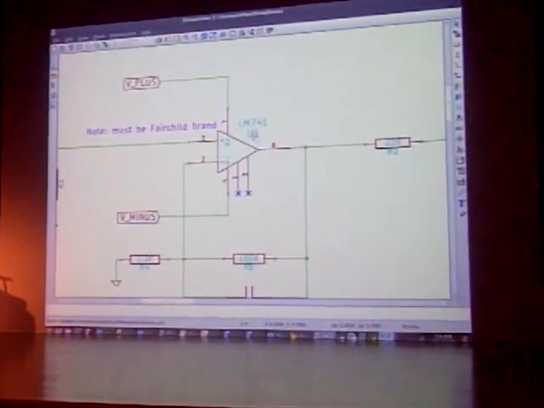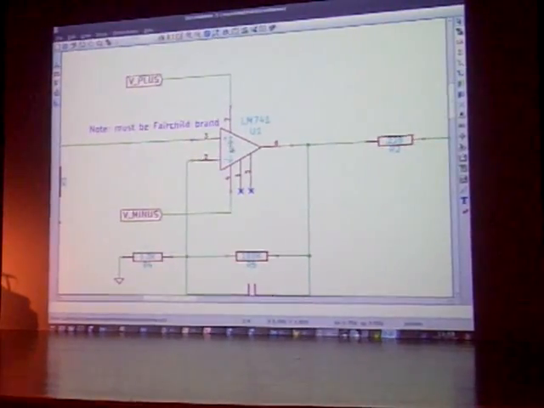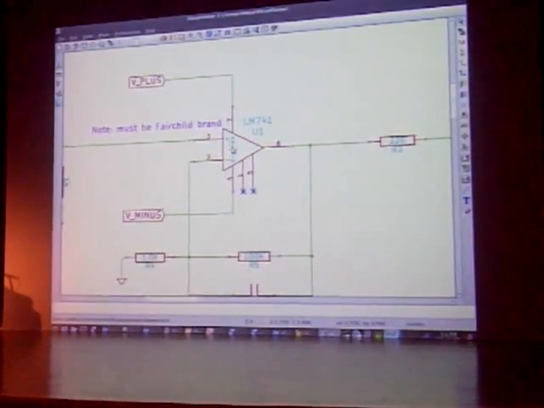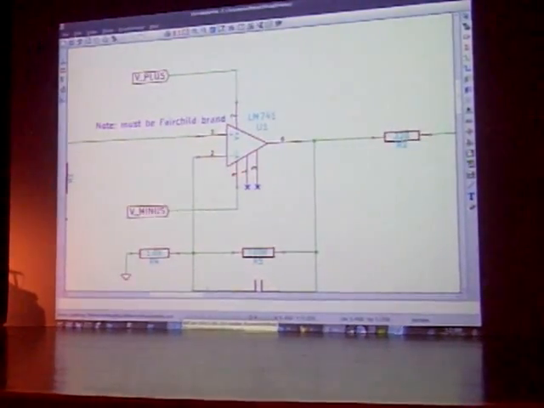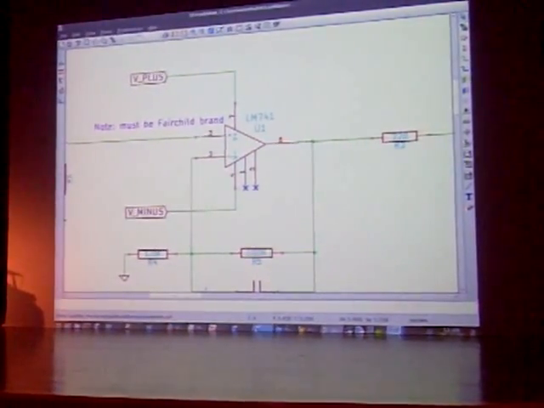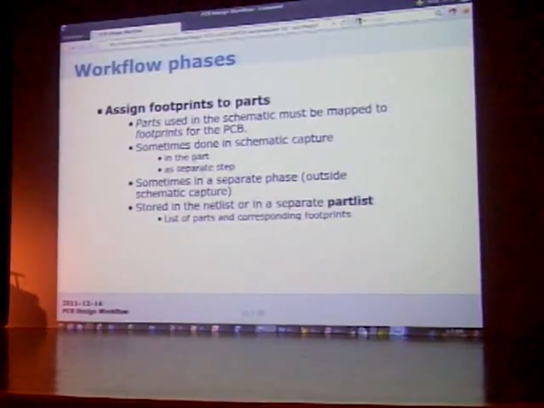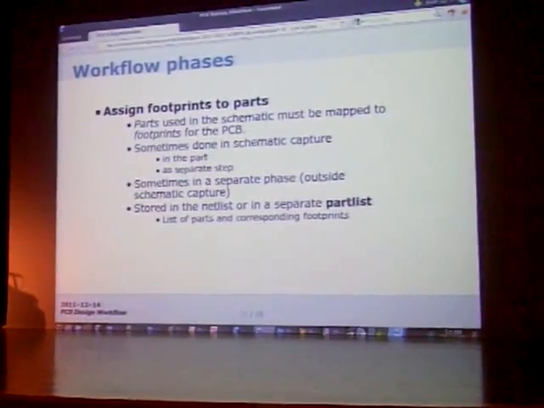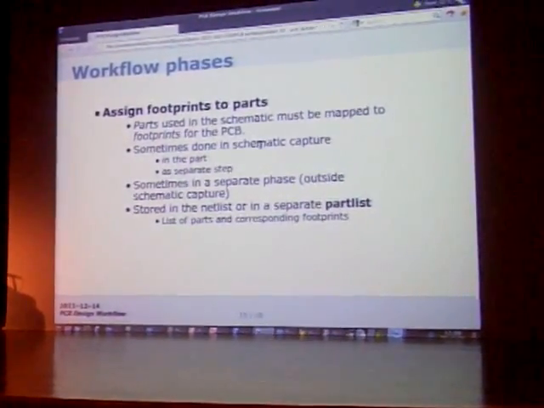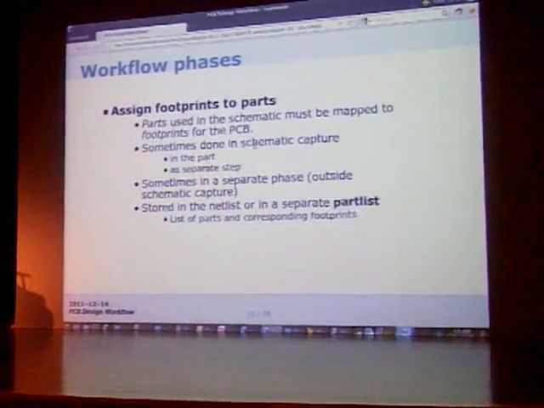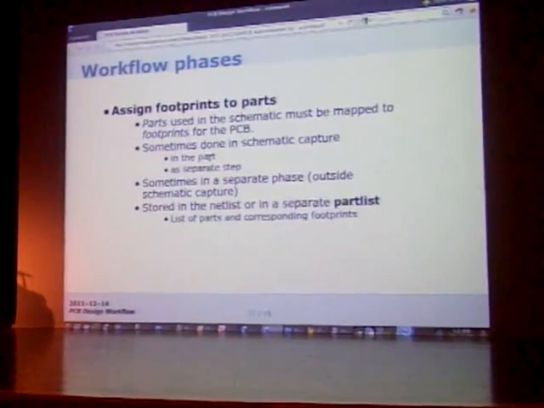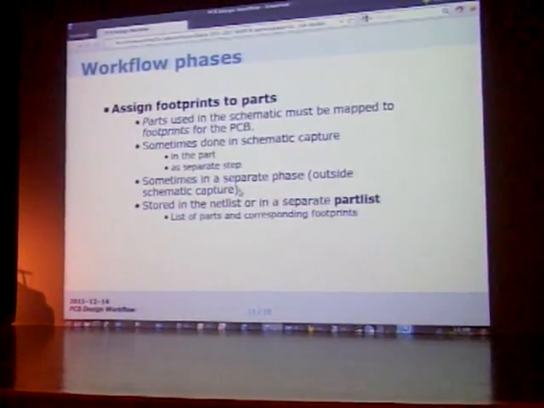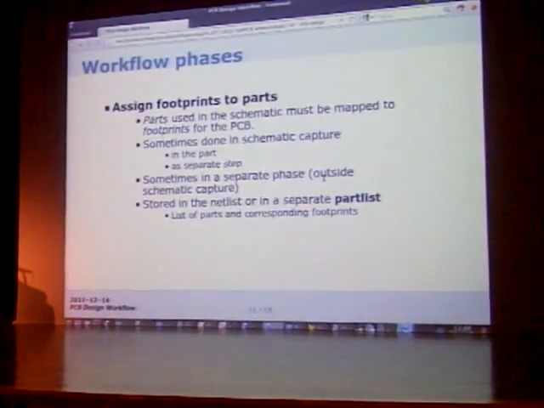The mapping of the actual part I want to use is done as a separate process. Now, oftentimes, sometimes anyway, that mapping can be done in the schematic capture as a separate phase in the schematic capture or somehow as annotations to parts. Sometimes it's done as a separate phase in an outside program.